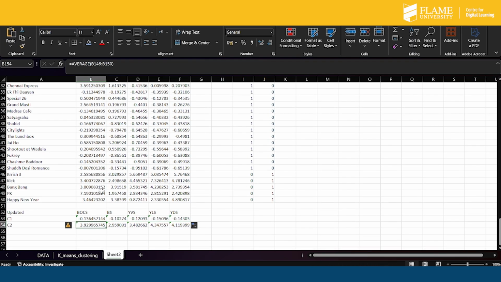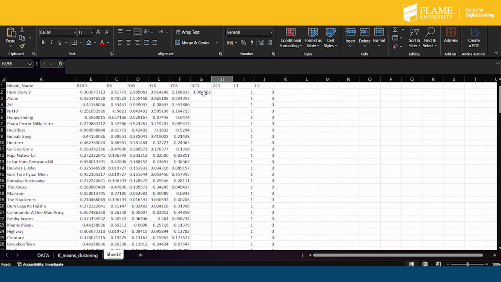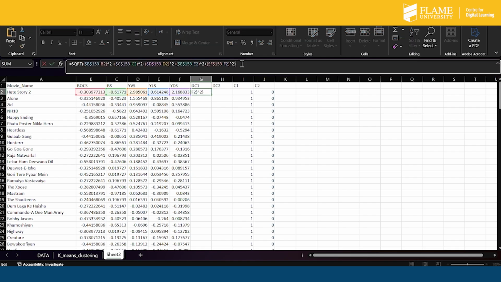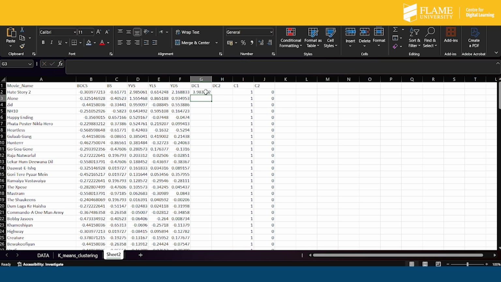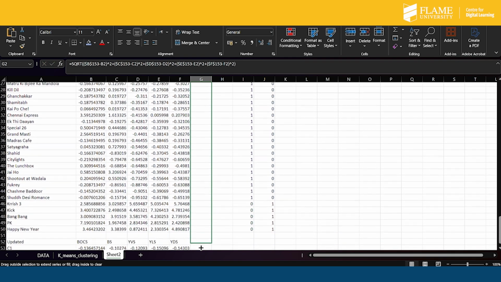So here also it was B146 to B150. Okay, now it's right. This was a mistake made by me. Now just check, it is showing the right answer. If you hit enter, you will get the distance from all these values.